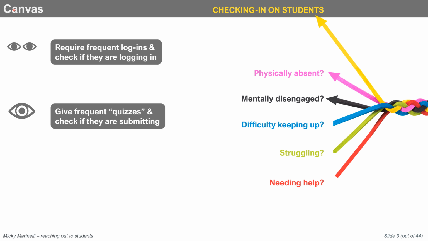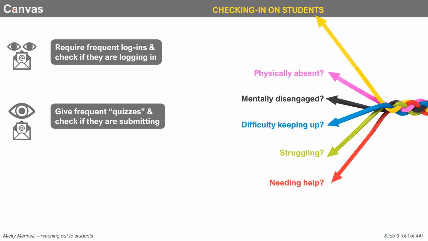This gives you a slightly deeper look at the situation, and it also has the advantage that in the quizzes you can ask them classwork material to see if they're having difficulty keeping up or not. Of course, in both of these settings, you would follow up by contacting the students, especially if you have any concerns. This way, you can see if they're struggling or needing help.